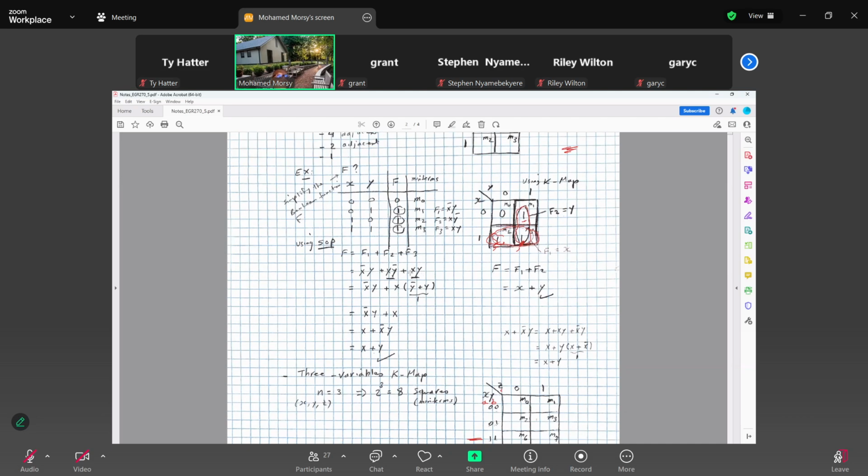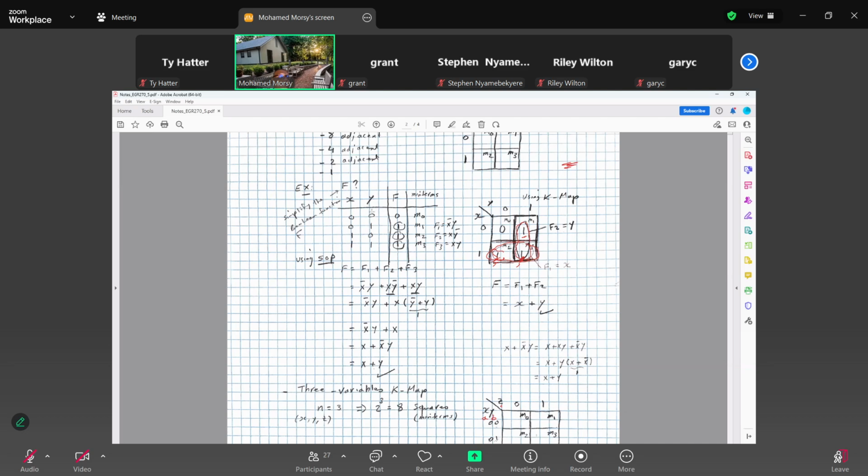From the truth table, the first minterm is M0, corresponding to these inputs and this output. M1 corresponds to this, M2 to this, and so on. So you start from M0, M1, M2, M3, M4, M5, and so on.